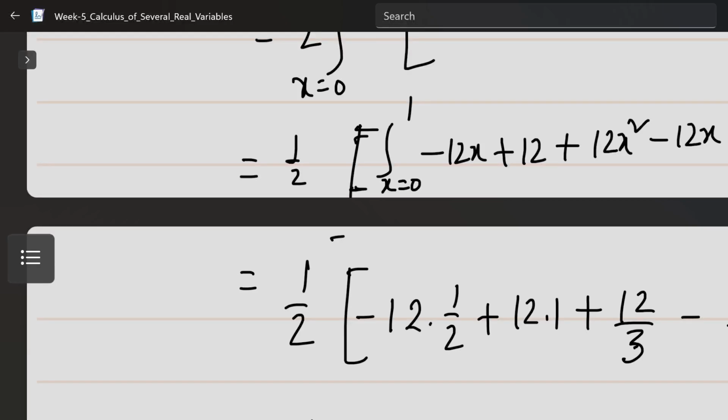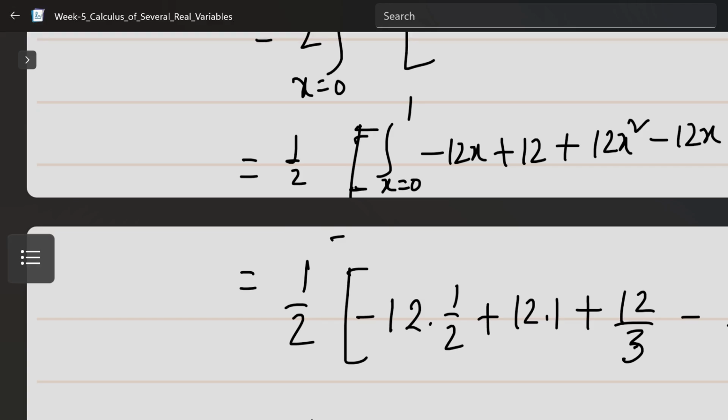Sorry, it is minus 6, not plus 6. Minus 6 minus 3 by 2 into 4 by 3. So it is 2, so it will be 6, 6, 12, and it cancels out. So 4 minus 2 is 2, 1. So 1 is the answer, correct?